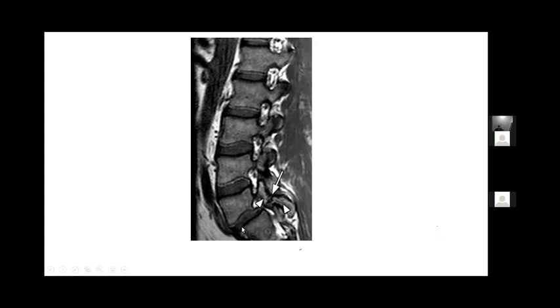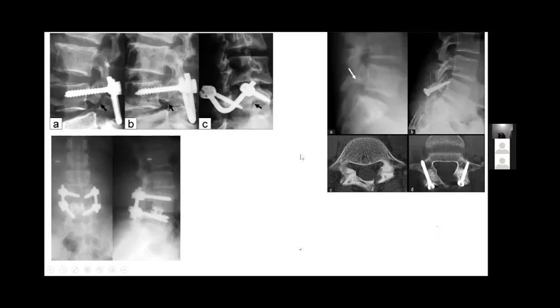If the disc is well hydrated, say a young man, 25, with a well hydrated disc, and the foraminal height is well maintained, you can repair the pars defect using a screw across the pars. There are different ways of doing it. One way is a curved rod across your spinous process, using pedicle screws to compress the pars defect. The other way is to put a screw across the pars defect, using a Buck screw, we call it.